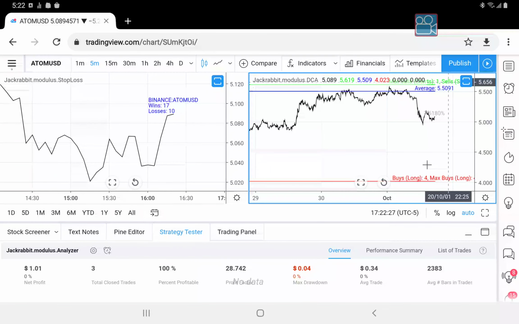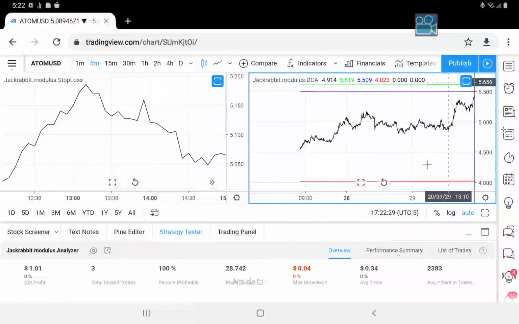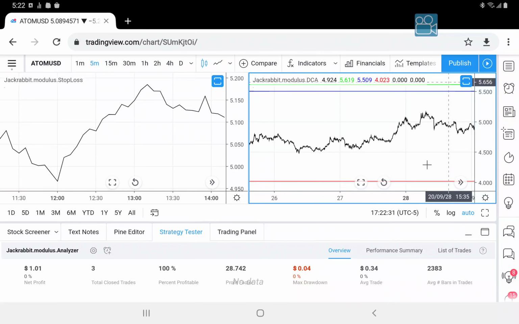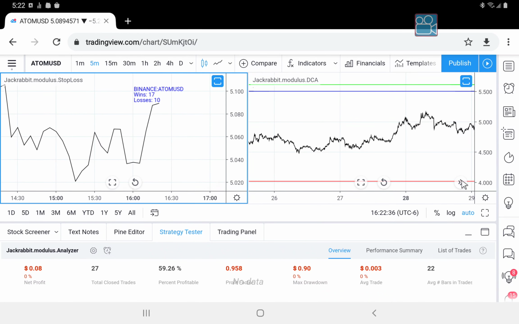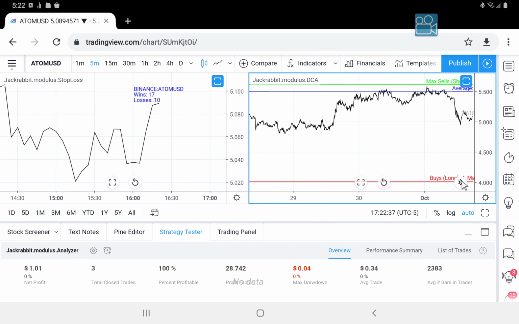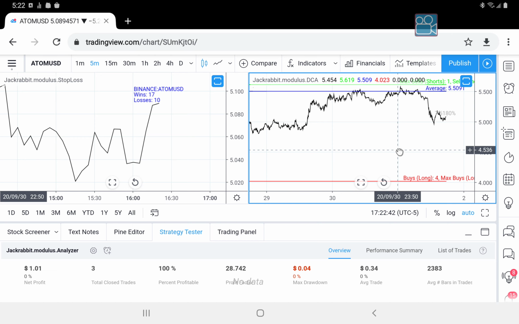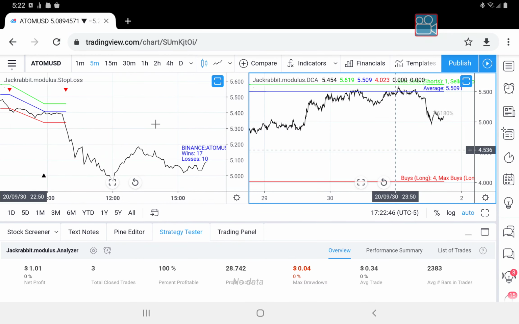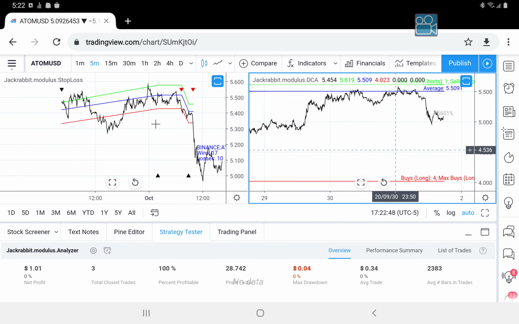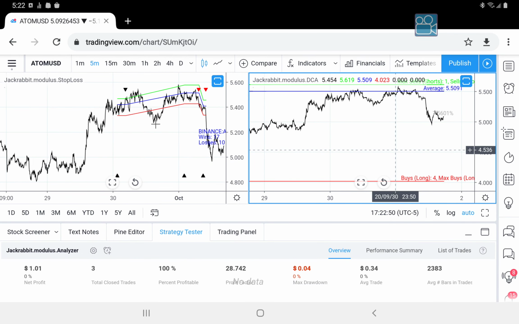Okay, so $40 of exposure. Let's actually line these up. There we go. Let's scroll this out. We'll get a good look, and you'll actually see just how well this works.